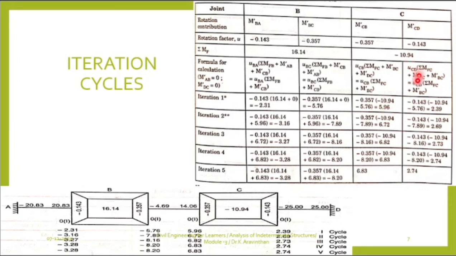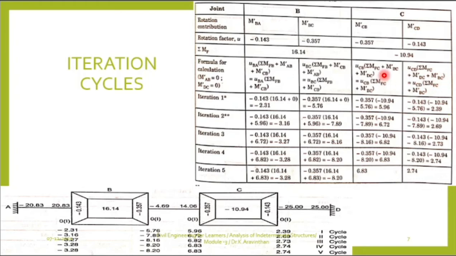The same way, if you need M dash CD, what is the formula? UCD, which is what? 0.143, which you have here, and summation of FCD. What is that? Summation of F, in the sense moment at C to D, that is minus 10.94. So 10.94 is here, and M dash BC.